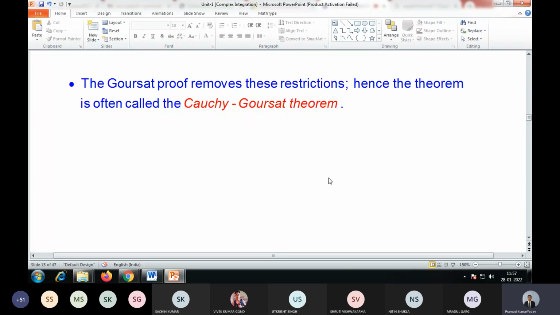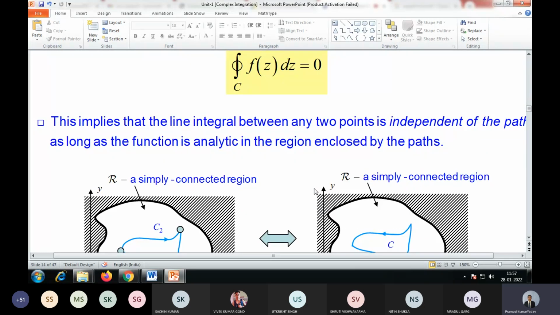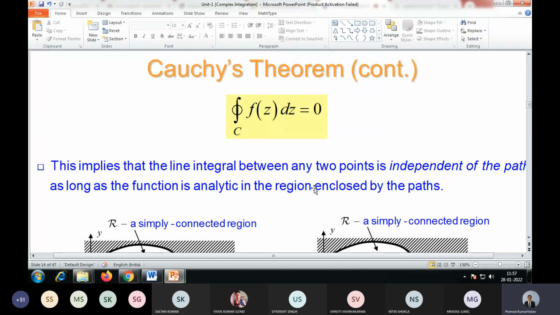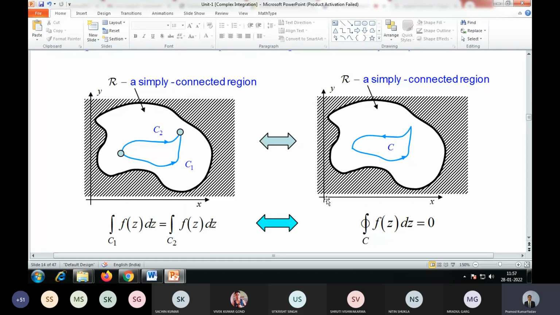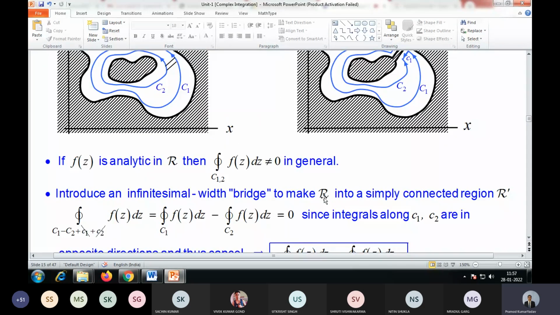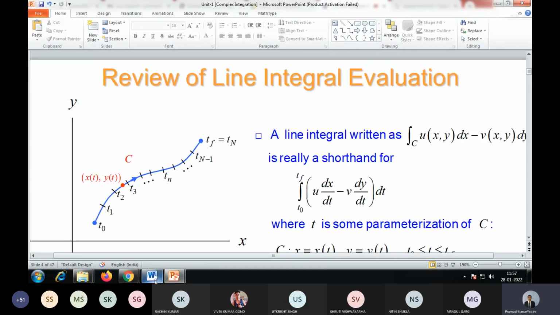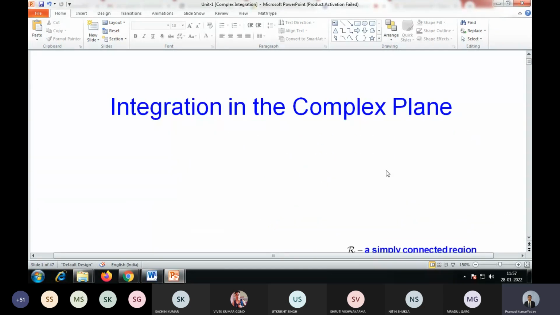We may use Green's theorem also to prove this Cauchy theorem.